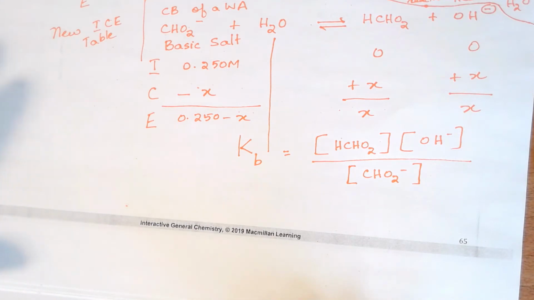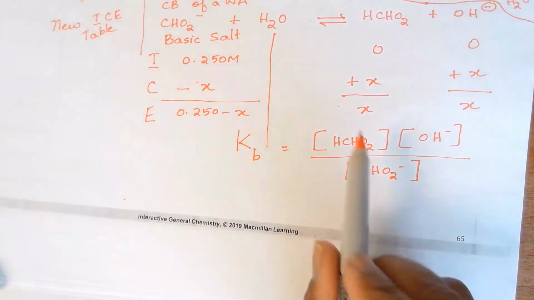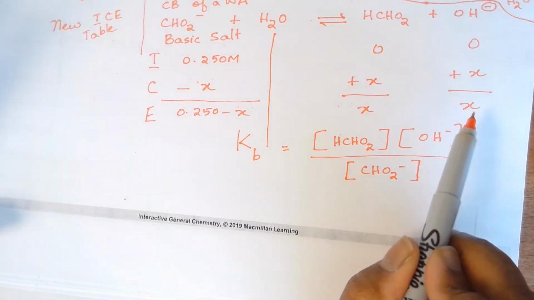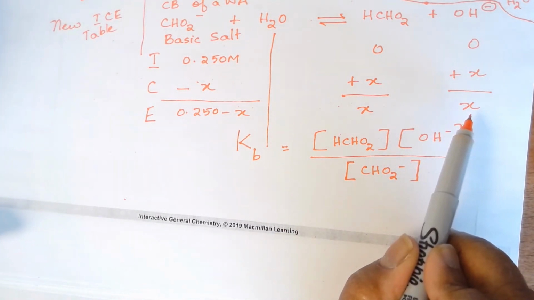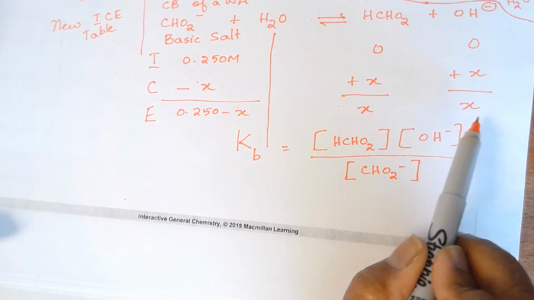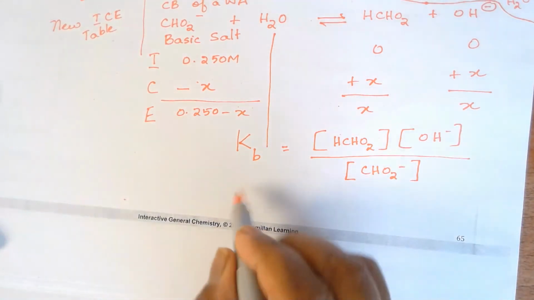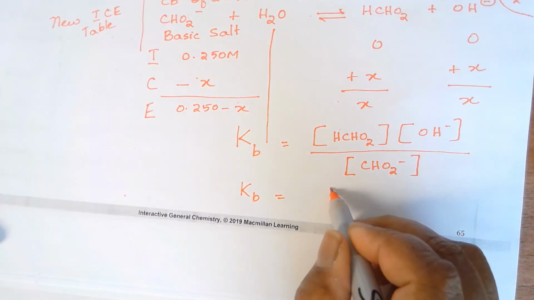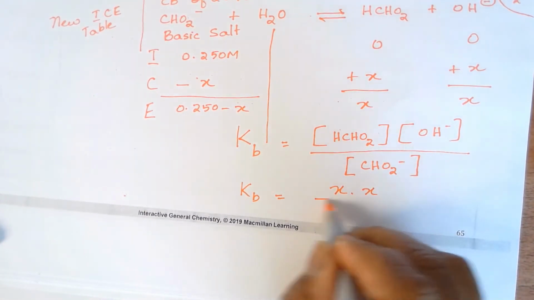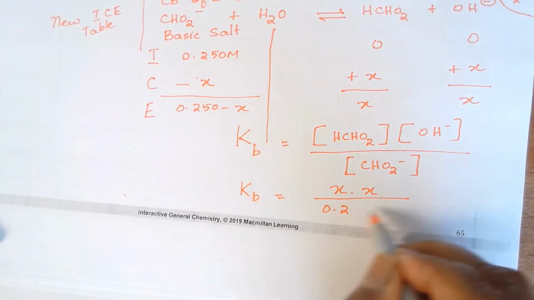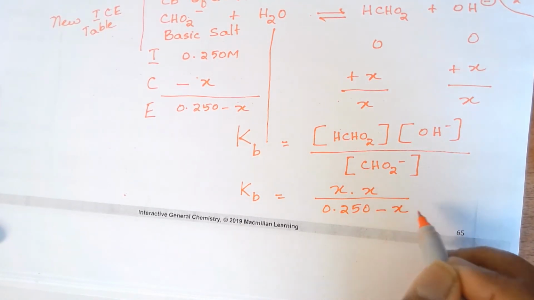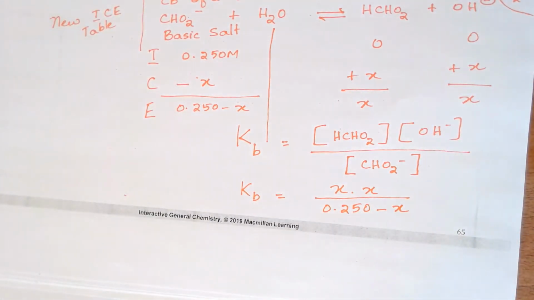Next, I cannot use Henderson-Hasselbalch here because I have an x and an x. I have two variables. I can use the Henderson-Hasselbalch only when I have one x. So Kb, we've got to find out how we're going to get Kb. But in terms of x, this is x multiplied by x divided by 0.250 minus x. How will you find Kb?